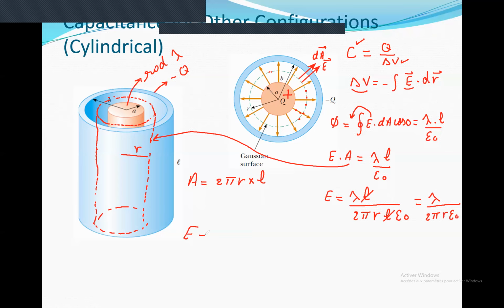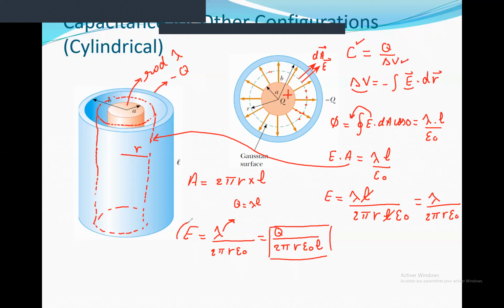So we can write finally E in terms of Q. We can substitute the value of lambda, since Q equals lambda L, so lambda equals Q divided by L. Okay, this is the value of E.